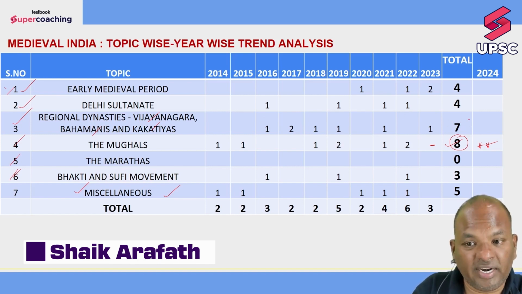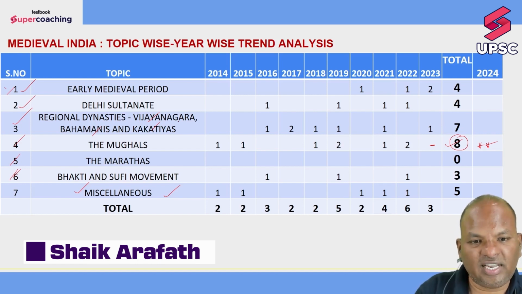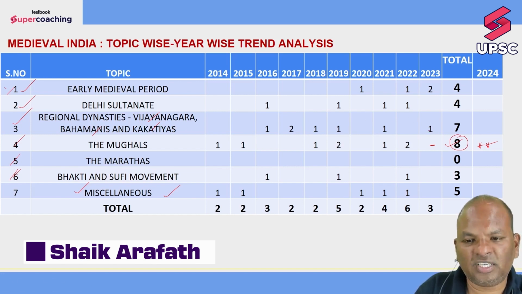Maybe the trend might continue this year as well, and you may expect more questions, and hence we may expect the same trend to continue a couple more years. You might get questions from this topic in this prelims as well.